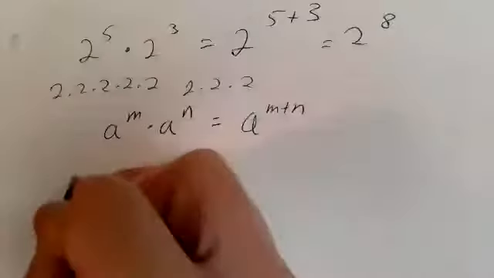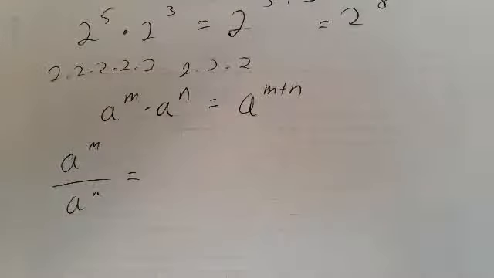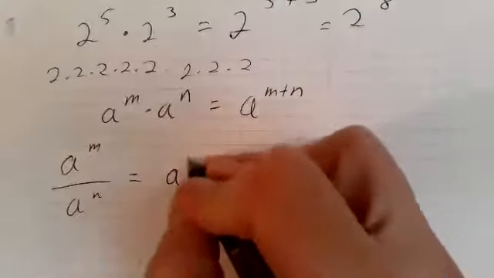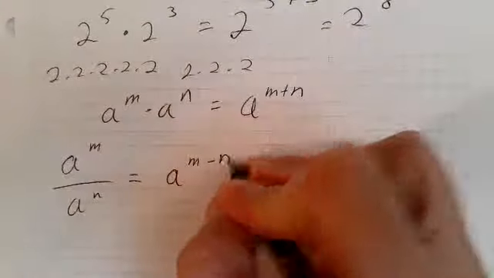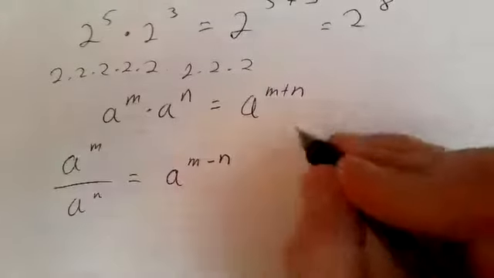The other thing: if we're multiplying, we're adding. If we're dividing, you can probably figure this one out by deduction. Ooh, but that is a to the m minus n. We're going to subtract the exponents. You can do this with expansion too.